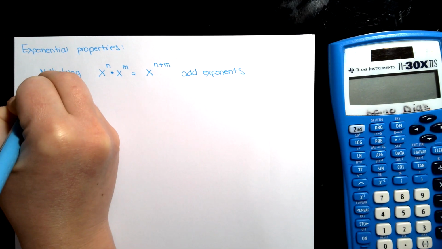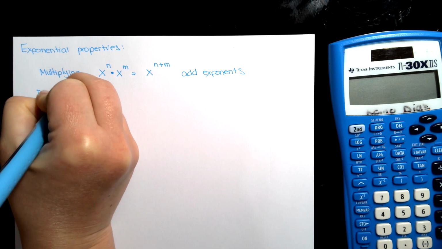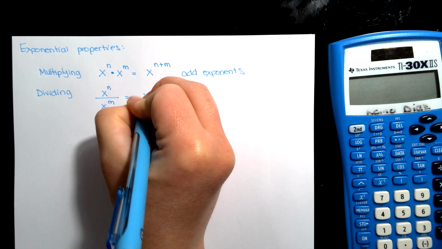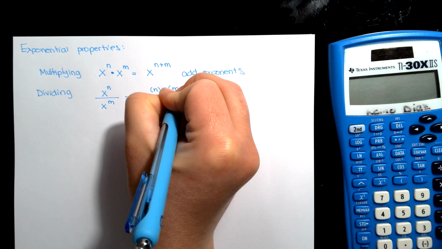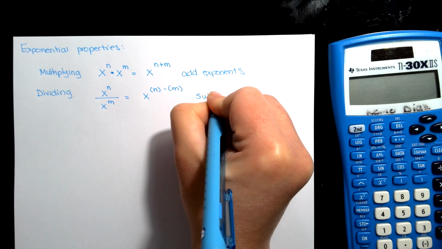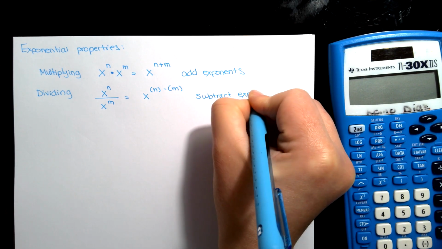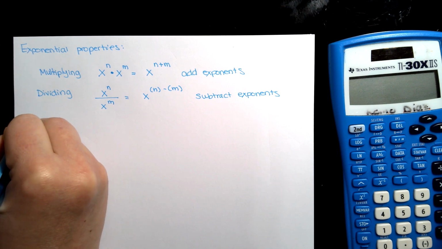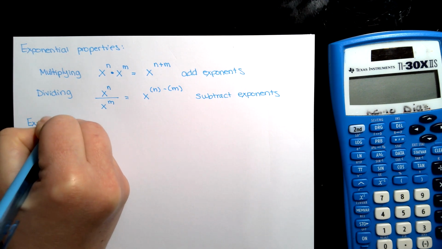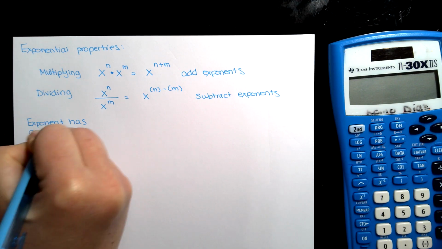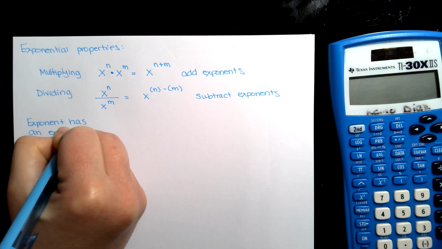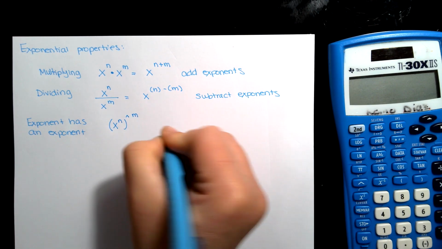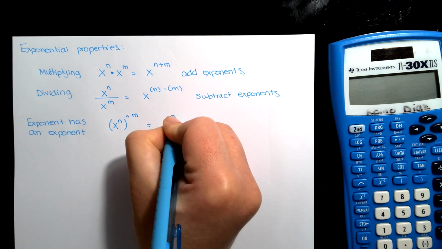If we are dividing, let's say x to the n over x to the m, you're going to be taking the top minus the bottom, subtracting. Now this one is a power to a power. If your exponent has an exponent, so let's say we have x to the n power raised to the power of m, you're going to multiply those together.